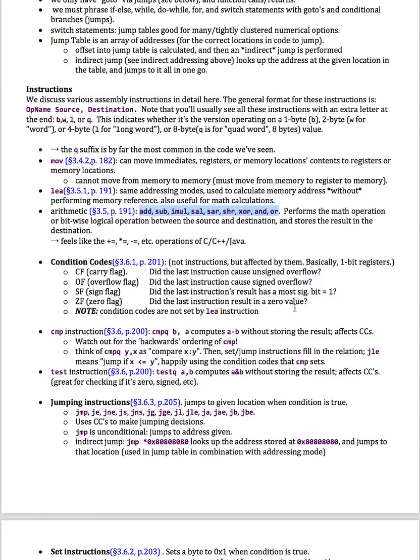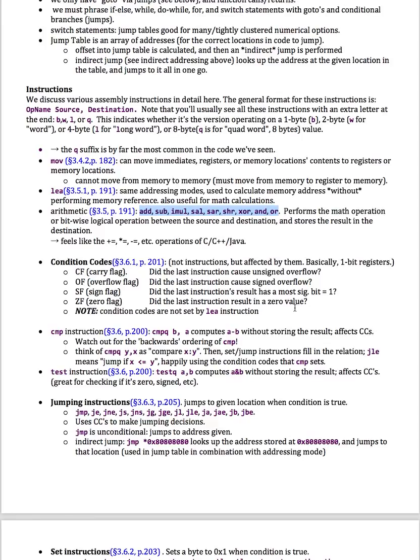We've also talked about some of the instructions that do not set any destination values. For example, compare and test are the two operations that are used solely for setting the condition codes.